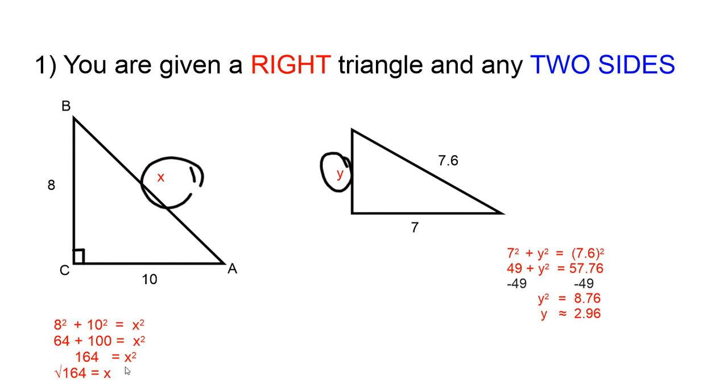You'll notice on the left, it's the square root of 165 equals x because that is an exact answer, because the square root of 165 is irrational. Over here, I did not use the square root symbol, but you'll notice I said y is approximately equal to 2.96.